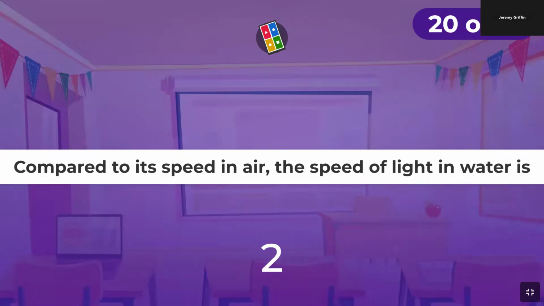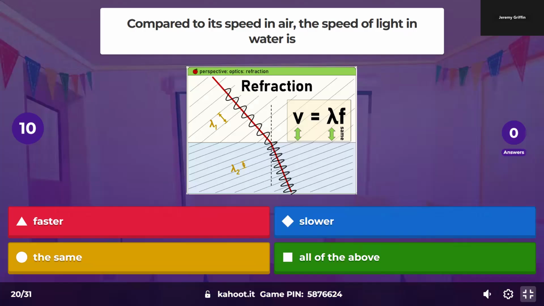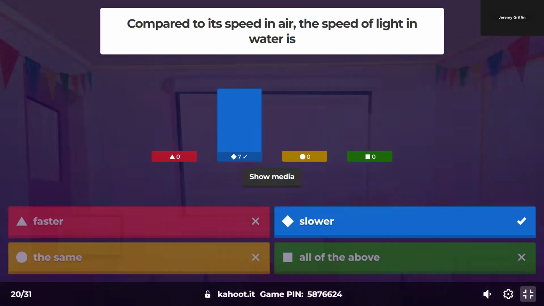Compared to speed in air, the speed of light in water. Yeah, is lower. There you go. Actually, when I've been saying all these waves travel at the speed of light and all the same, that's really only strictly true through a vacuum or through air. It's pretty close anyway.